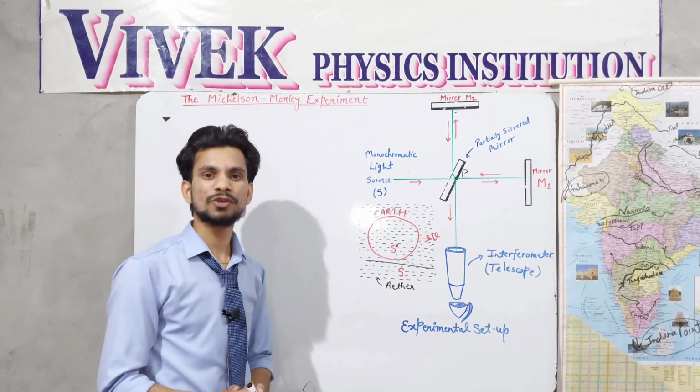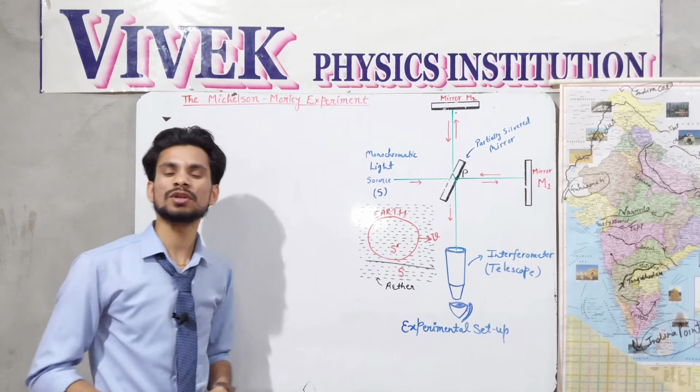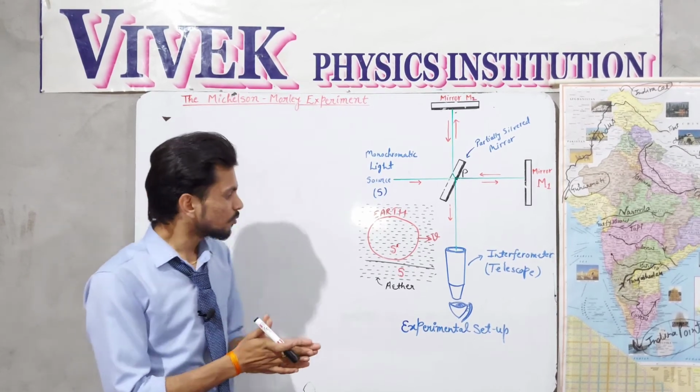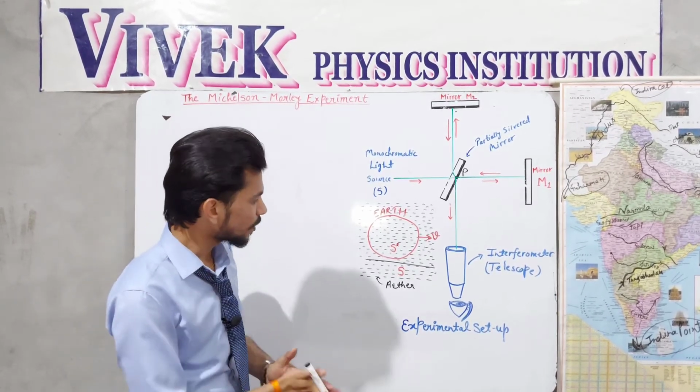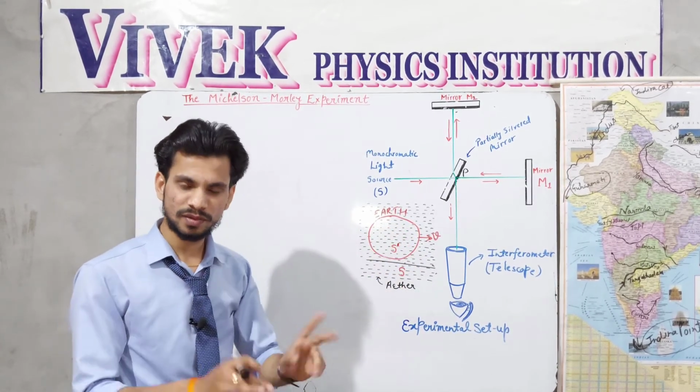To identify the presence of ether, or to calculate the relative velocity of the medium ether with respect to Earth, or the relative velocity of Earth with respect to the medium, we can suppose the Earth is one kind of frame of reference.